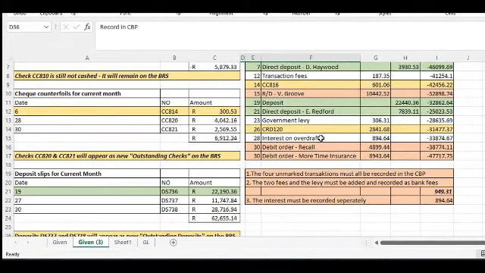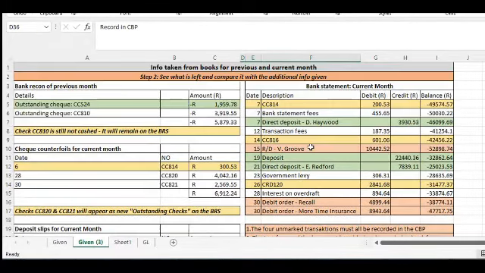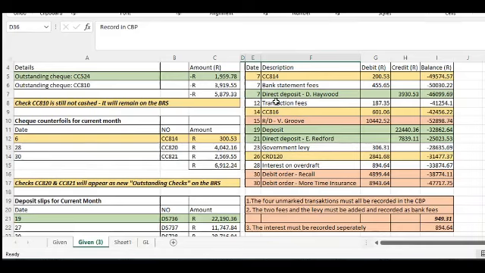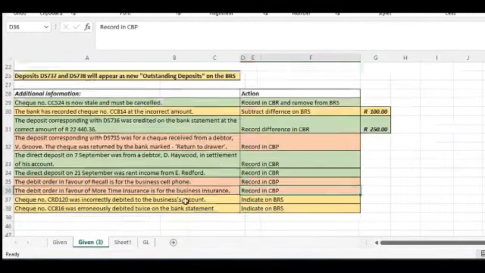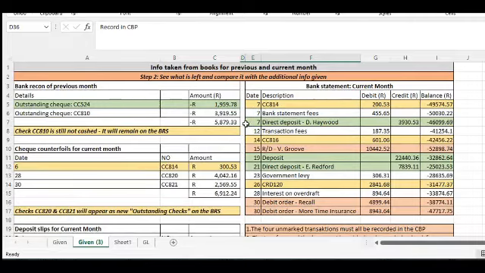Okay, now we find a couple of things. We see that on the bank statement, when we've looked at the additional information and we've highlighted everything, there are still 4 transactions here, 1, 2, 3, 4, that are unmarked. Okay, and these are bank fees.